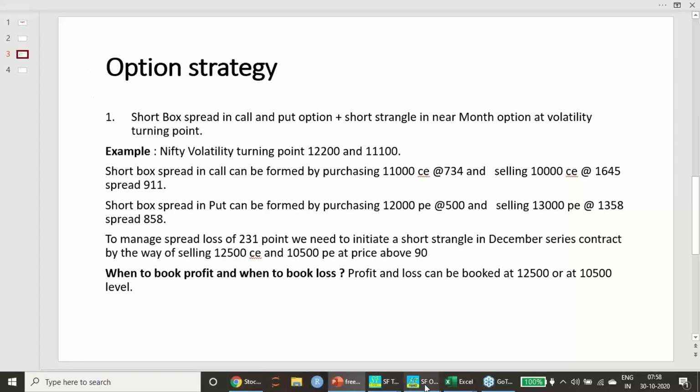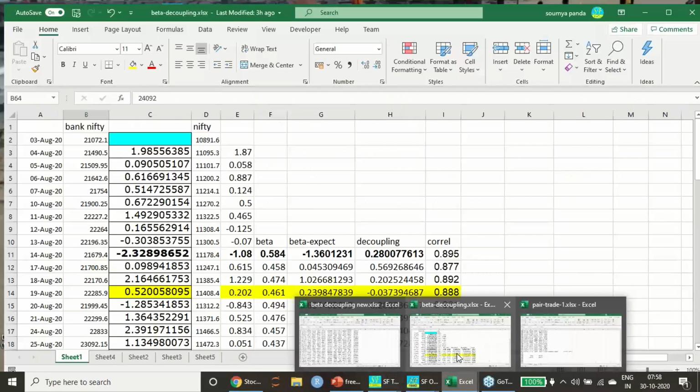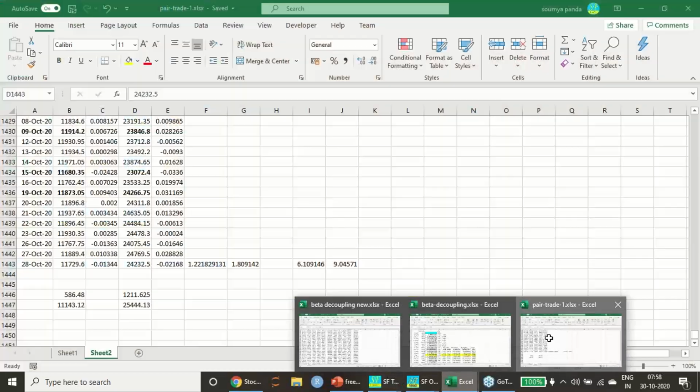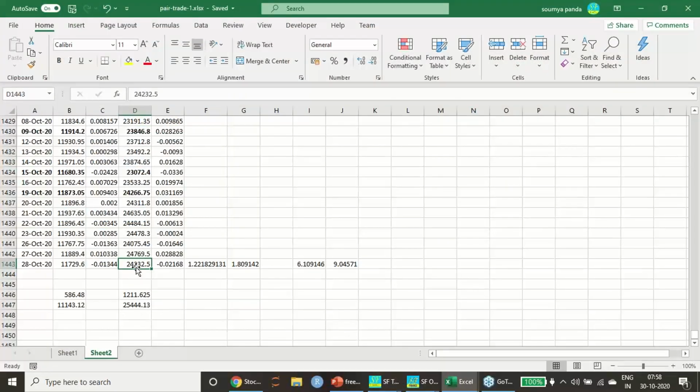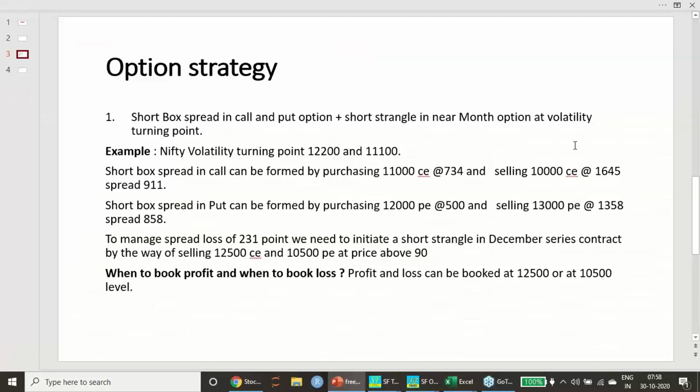The second type of trade, what I have told you, is that along with your beta, you have to buy Bank Nifty and sell Nifty, each 1 lot. Bank Nifty should be hedged with 25,500 put option, deep in the money option, and Nifty should be hedged with 11,150 call option. These two trades you can initiate along with the future or along with the option based on your margin availability.